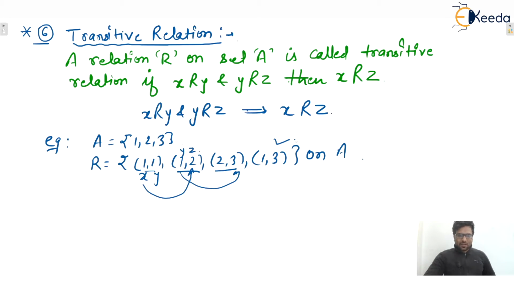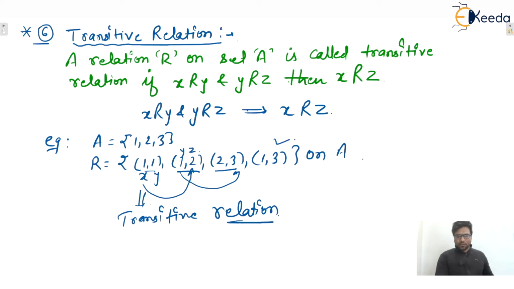In this manner, you can check. If inside the relation X is related to Y and Y is related to Z, then guaranteed X is related to Z. So we can say that this particular relation is a transitive relation.